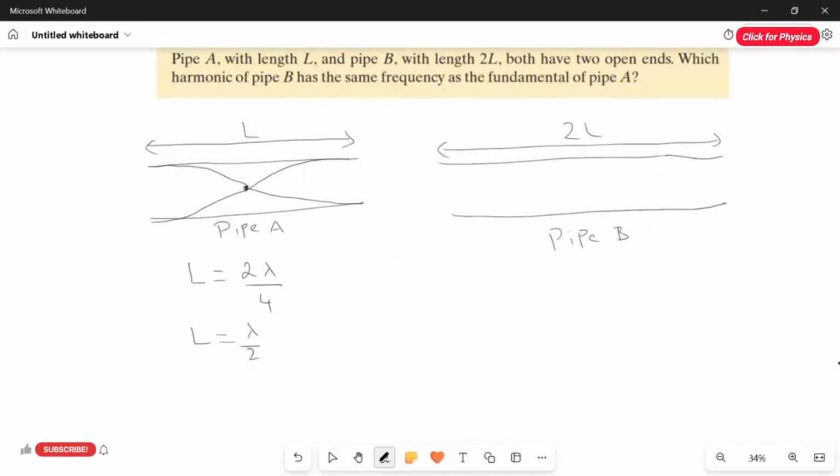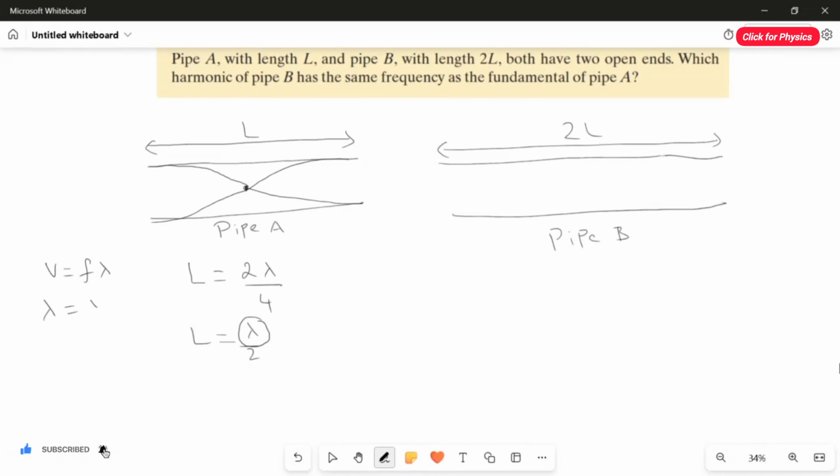Now we have to find the frequency for the fundamental. Let's substitute the value of the lambda in terms of frequency and speed. We know speed is equal to frequency multiplied by lambda.